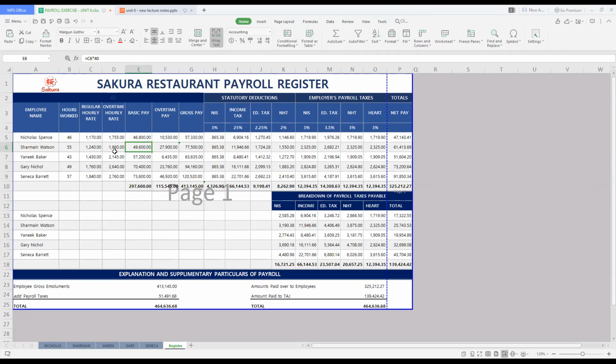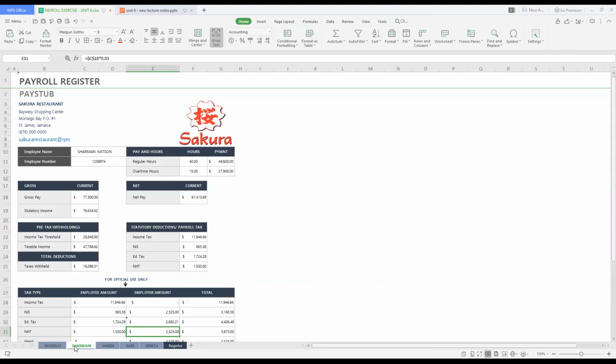So that's 1,240 times 1.5, which would give you an overtime rate of $1,860, and you times that by the 15 extra hours that Charmaine worked, so the overtime pay would be $27,900. So you add the 27,900 plus the 49,600, and that should give you a gross pay of $77,500.